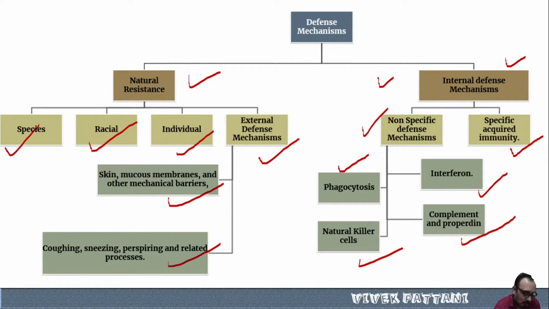Now comes individual resistance, which is purely on the basis of the individual. For example, it may depend on the individual's racial or genetic background, or the individual's ability to adapt to the environment, and various factors such as health condition, etc. This is how individual resistance works.